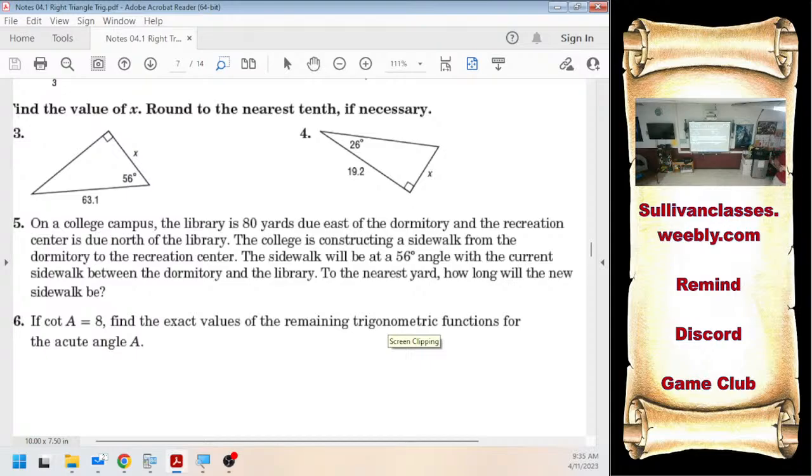Number 5, I want you to be able to draw this out. So it goes north. Due north means it is at a 0 degree relevant angle. That means it's not off a little bit, it is exactly on those axes. It's exactly 80 yards that way.